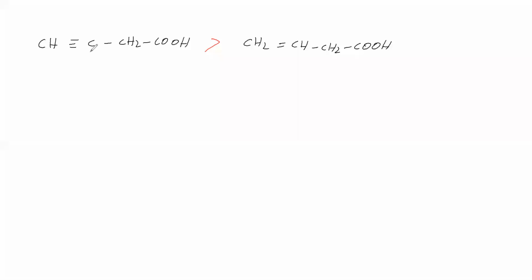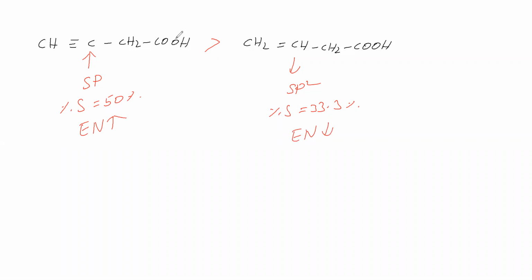Because this carbon is sp carbon, which means the percentage of s character is 50%. This carbon is sp2 carbon, with 33.3% s character. So the percentage of s character is more here, therefore electronegativity is more. Where it is less, electronegativity is less. So this one is more acidic when compared to this.